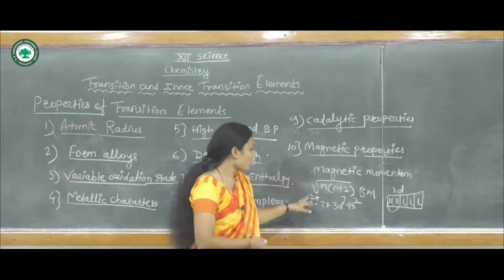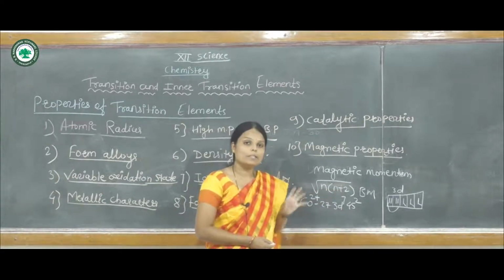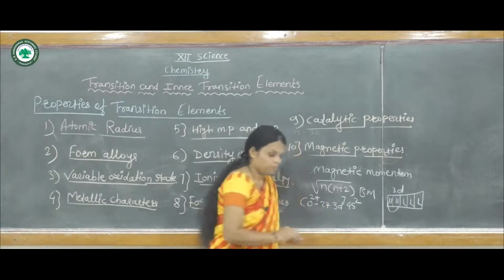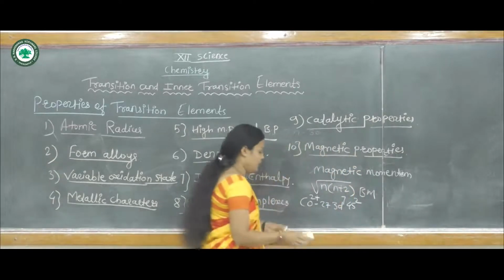Means in the cobalt 2+ ion, 3 unpaired electrons are present.